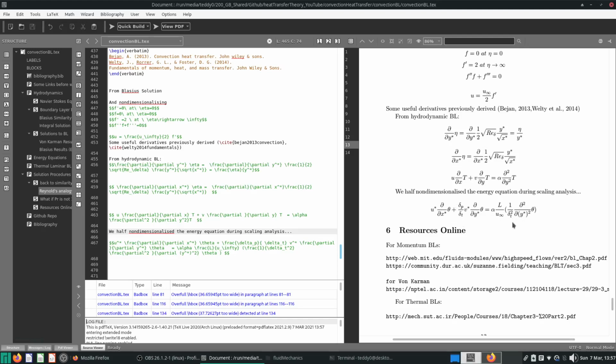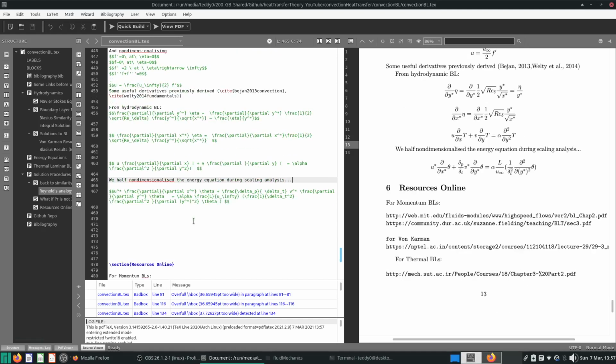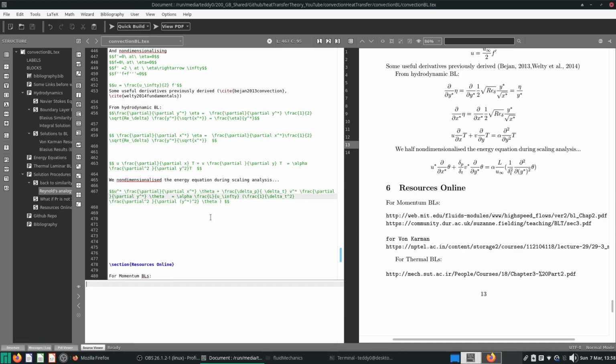You just have to collect the terms together, and we just need to convert it to include similarity variables. That's the whole idea here, that we want to use the same similarity variables we did before.